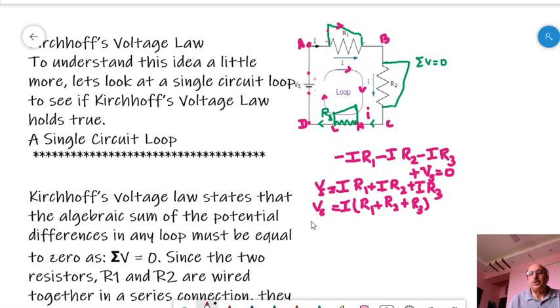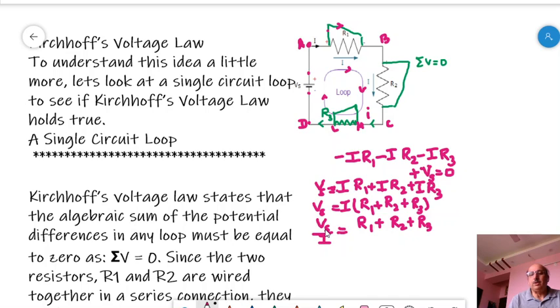If we divide both sides by I, Vs by I is equal to R1 plus R2 plus R3. What is Vs by I?